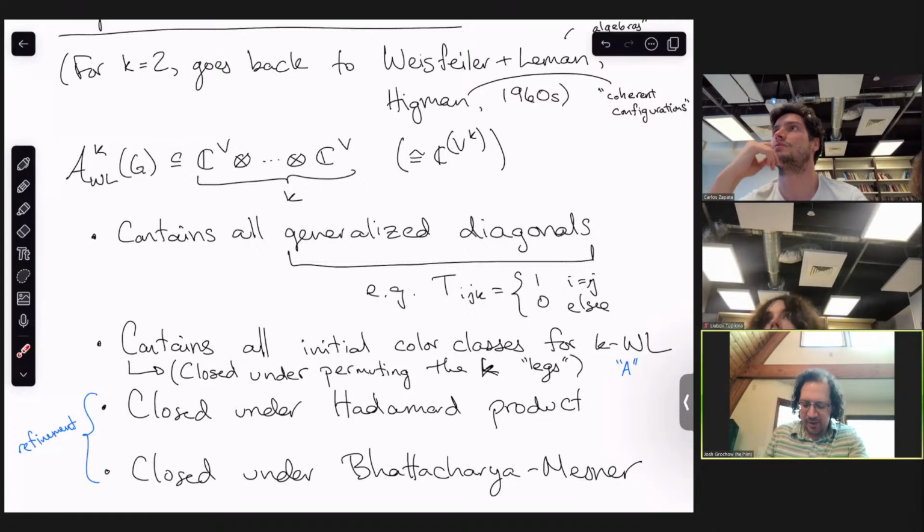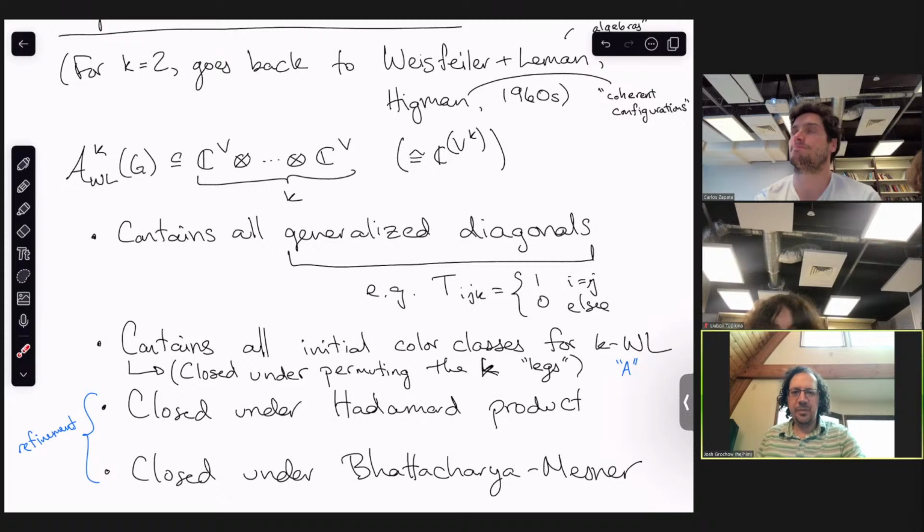Even if you want to have some Bhattacharya-Mesner identity that uses linear combinations also, you could imagine proving that something like that is not an identity by saying, well, if it has a certain form, then I can construct a graph where this algebra for that graph does not satisfy that identity. That's possible, but I haven't thought very much about it.